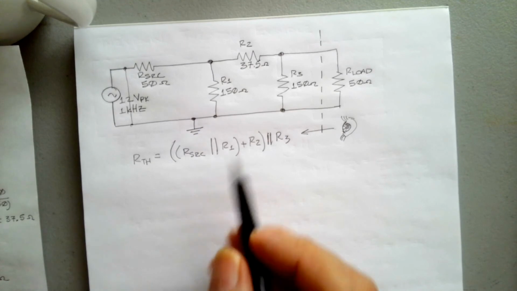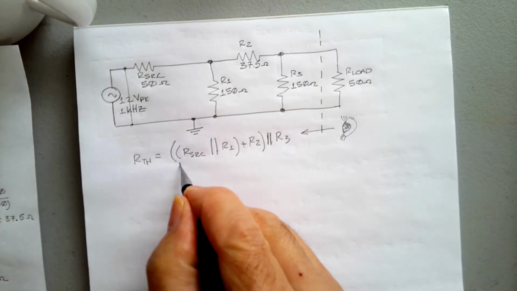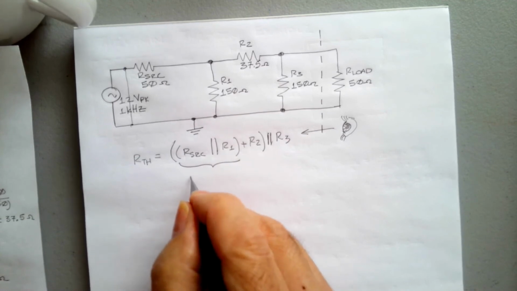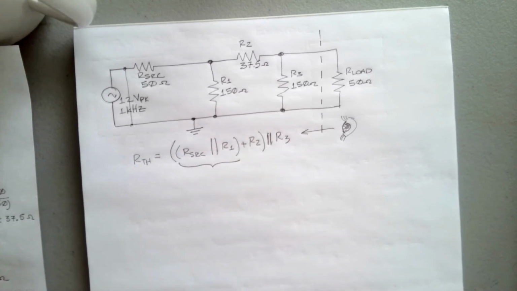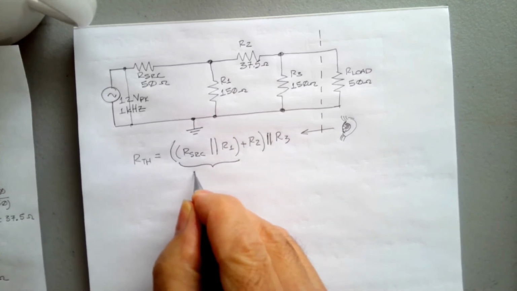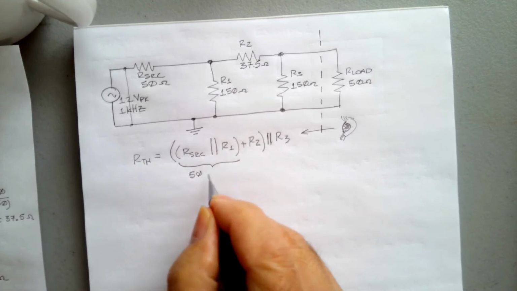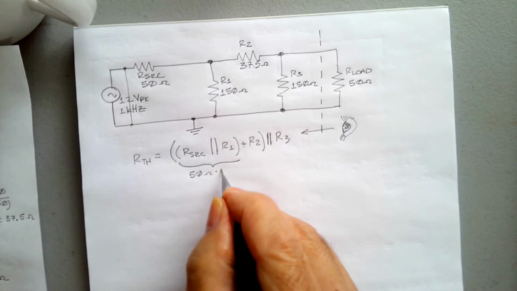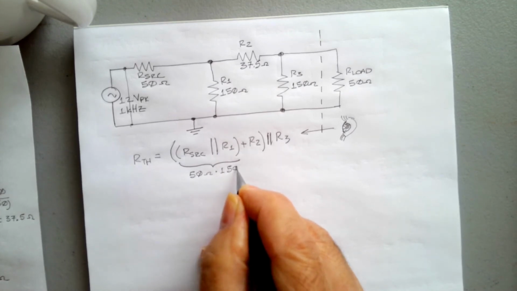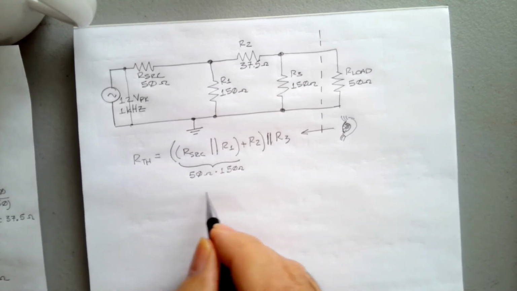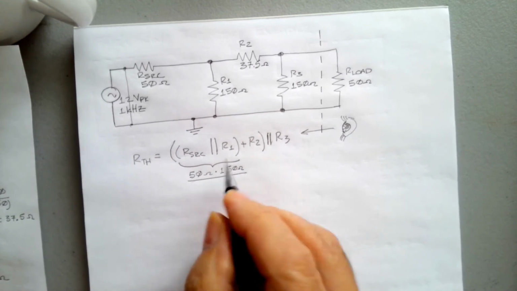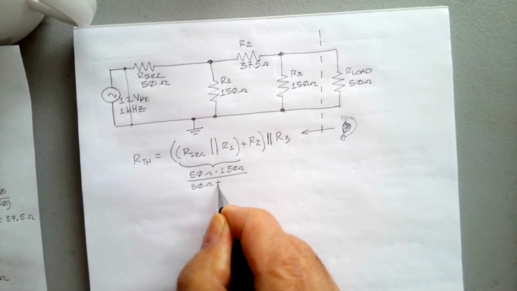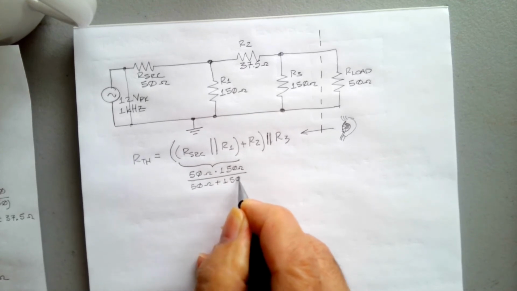So I'm just going to say, when we look back at here, I'm going to have 50 ohms. This is product over the sum again, times 150 ohms divided by 50 ohms plus 150 ohms.